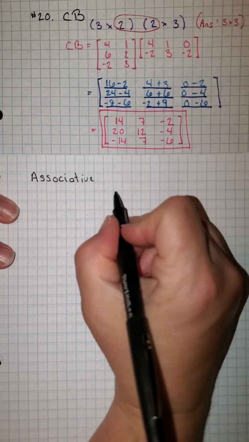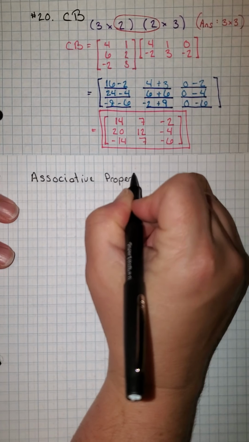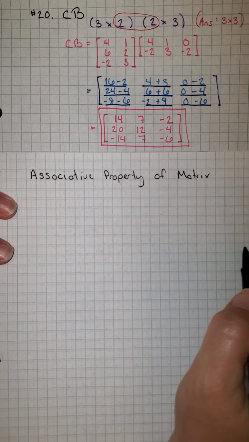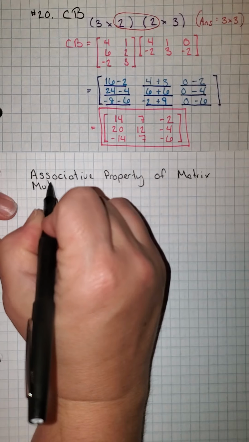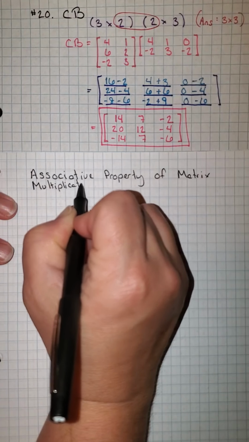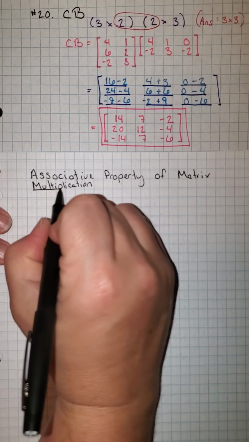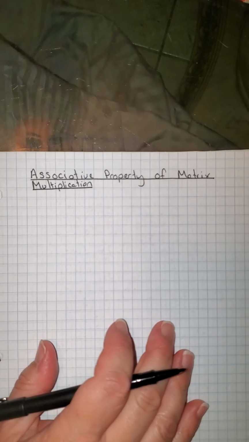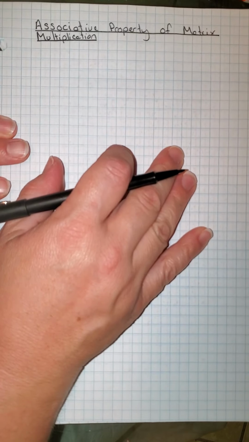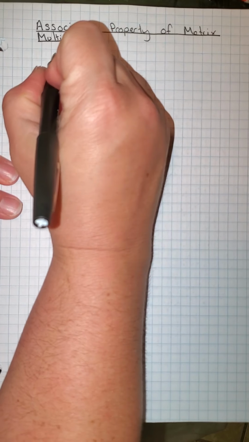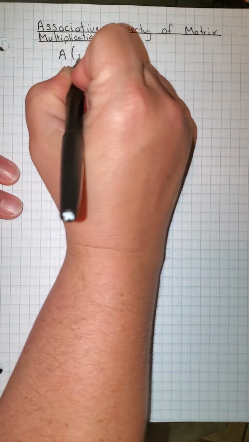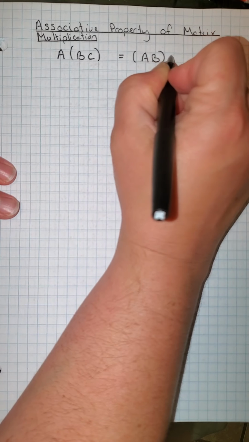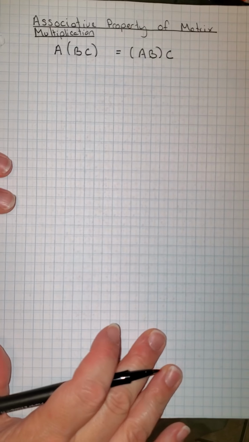So the associative property of matrix multiplication just says if you have a matrix A and then you're doing B times C first, that's the same as doing A times B and then multiplying it times C. You'll get the same answer.